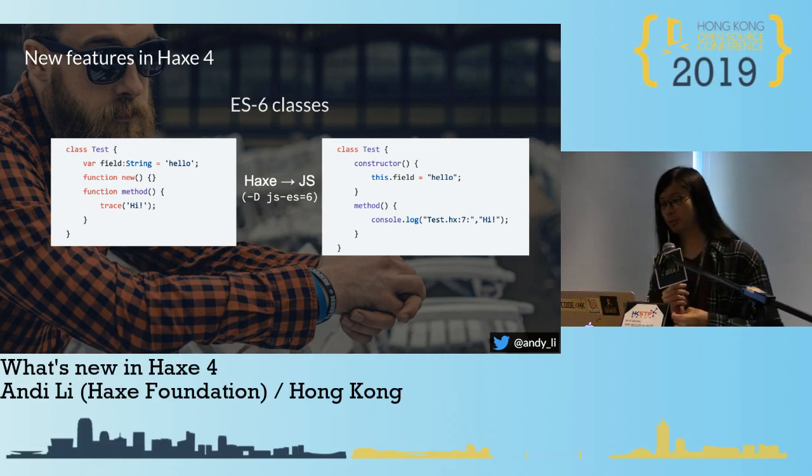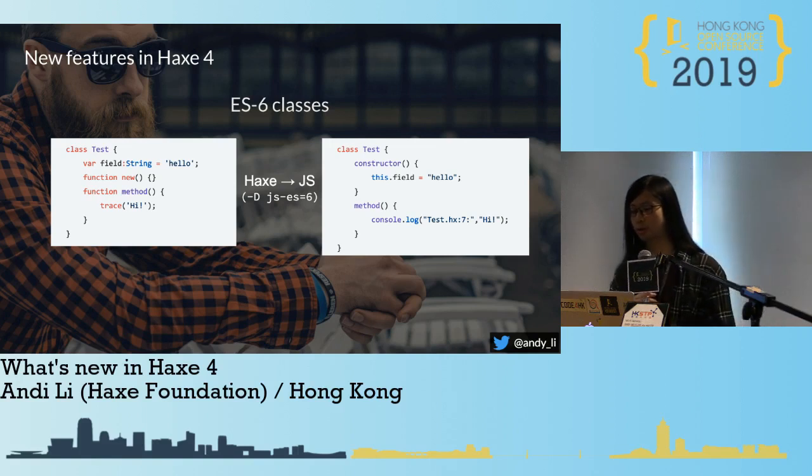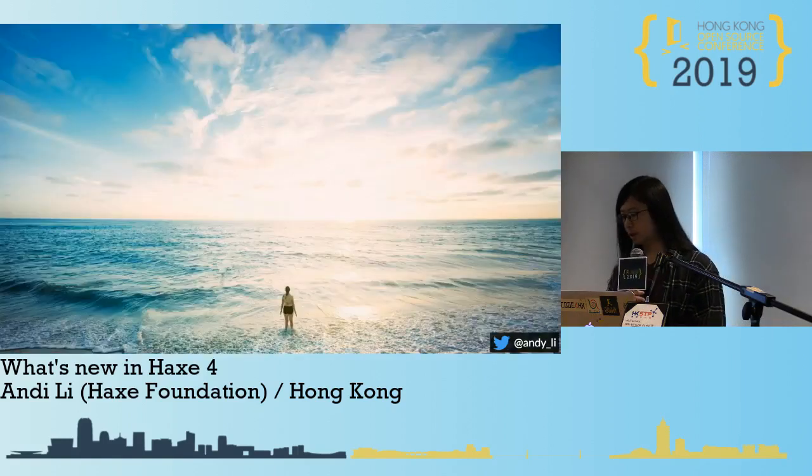But most of the time, you don't really care about whether it's ESX output or not. And that was most of the major features in Haxe 4 that I wanted to go through.